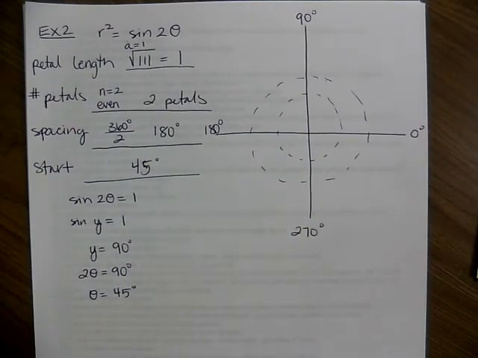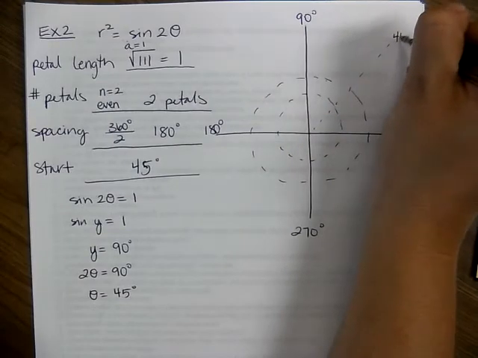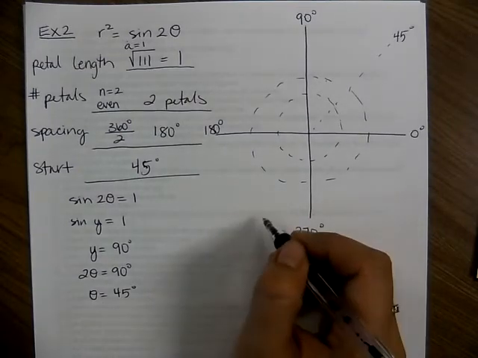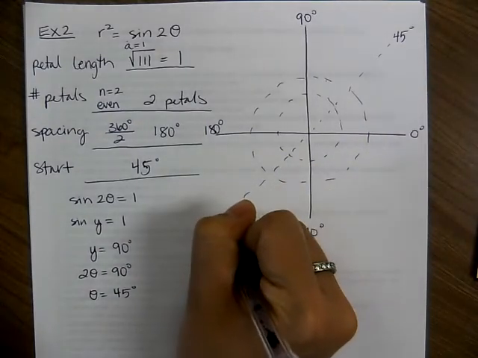Imagine that going on. Those are great circles, aren't they? Ish. Okay, so we start at 45 degrees. So imagine where that 45 degree mark is. Right? And then we go 180 degrees around until we get to the next one. Right? So this is going to be at 225.